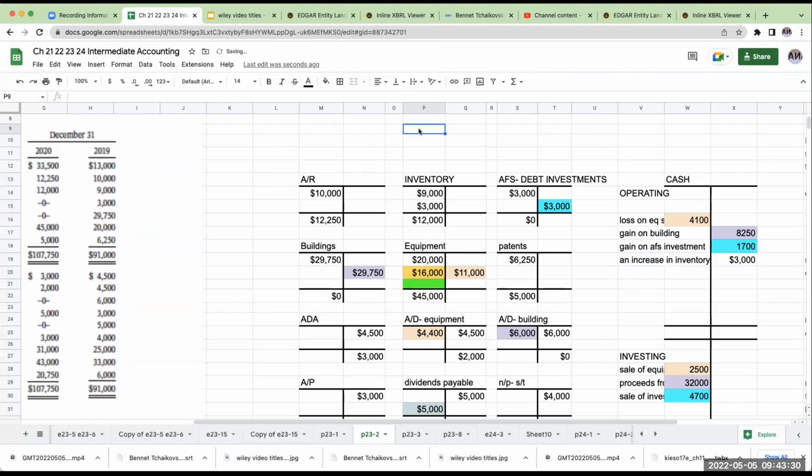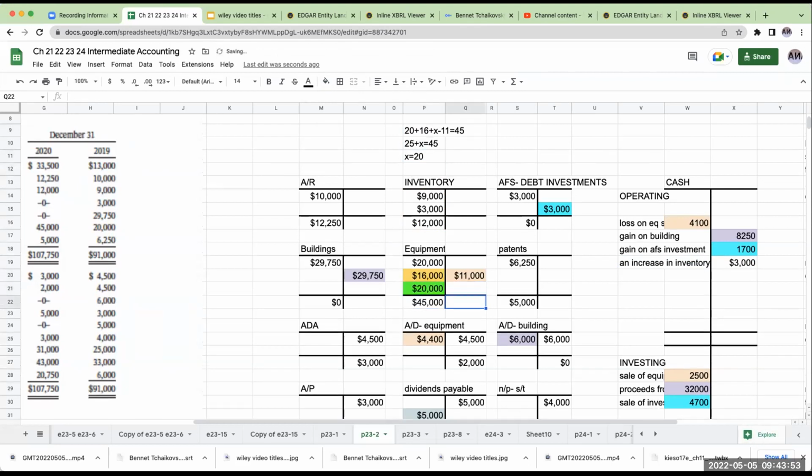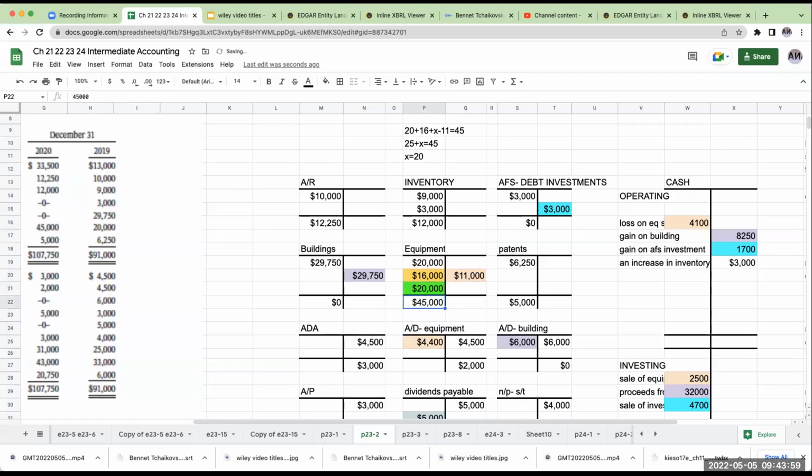Okay, so 20 plus 16 plus X minus 11 equals 45. So this is going to be 25 plus X equals 45. X is equal to 20. And if I put 20,000 here, I just want to make sure my math works. 20 plus 16 plus 20 minus 11 is 45.